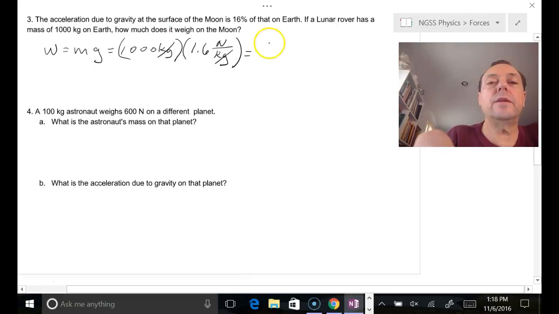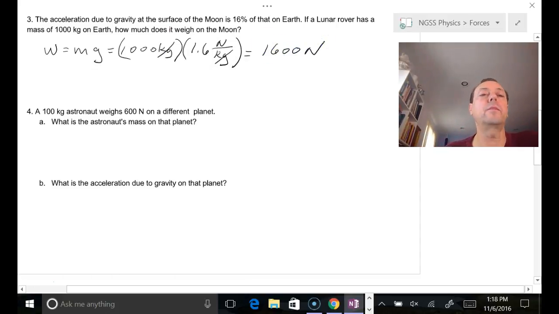Kilograms divide out, that leaves me with 1,600 newtons. So that's what it weighs on the moon. If you wanted to find out what it weighed on the Earth, it would be something like 9,800 newtons, right? 1,000 kilograms times 9.8 newtons per kilogram.